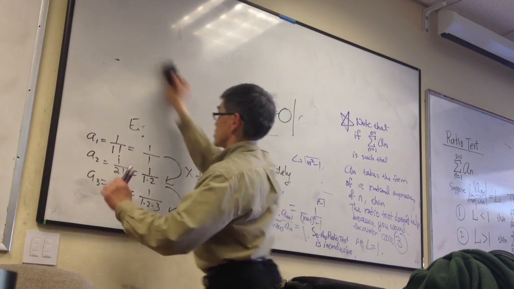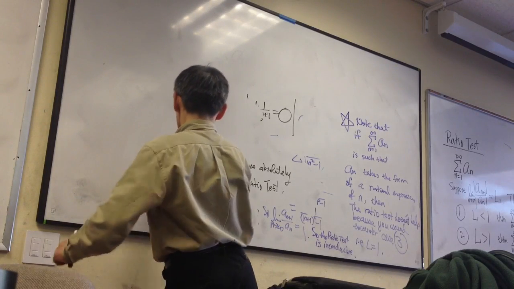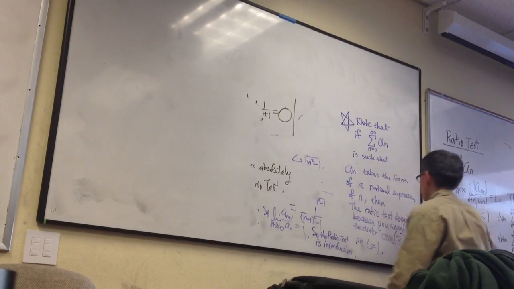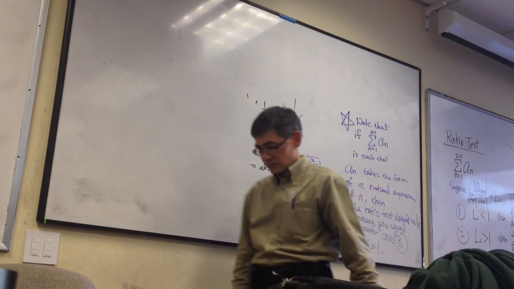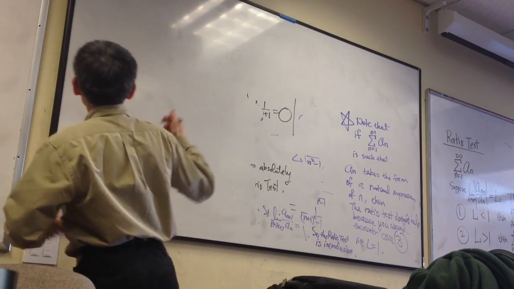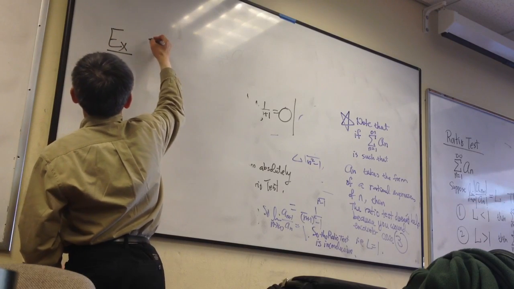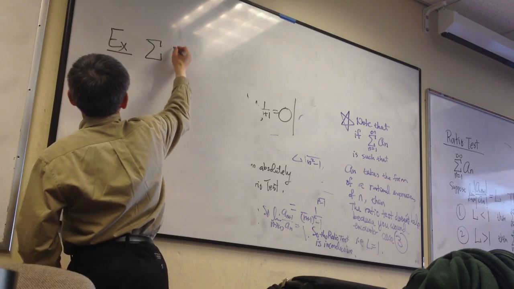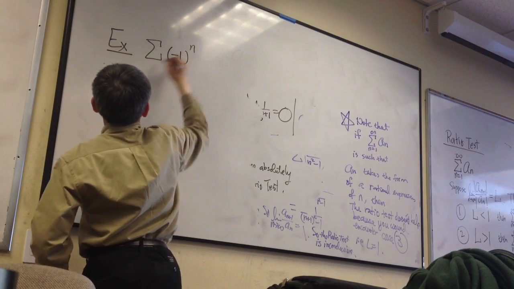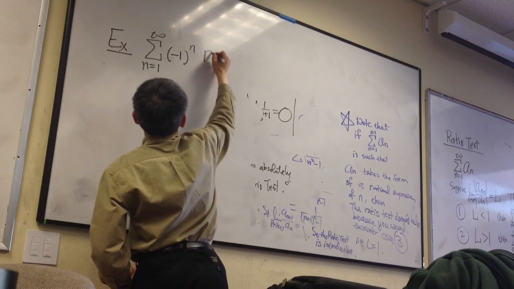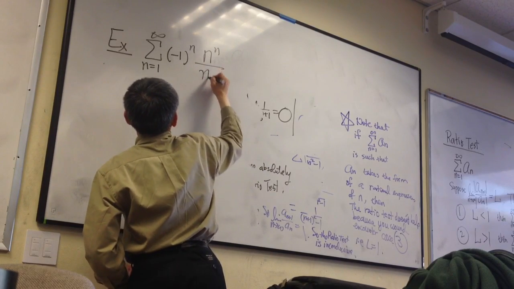So let me give you another example. Summation of (-1) to the nth power, n goes from 1 to infinity, n to the nth power over n factorial.